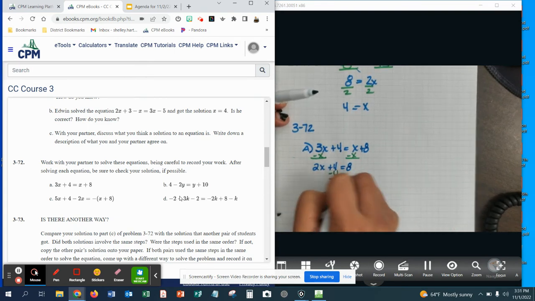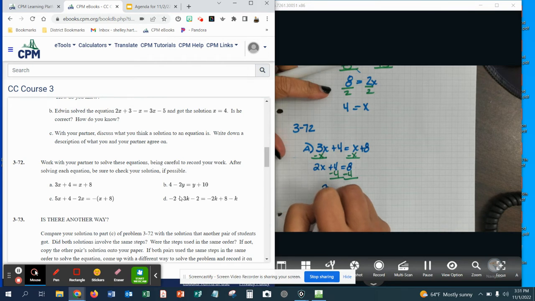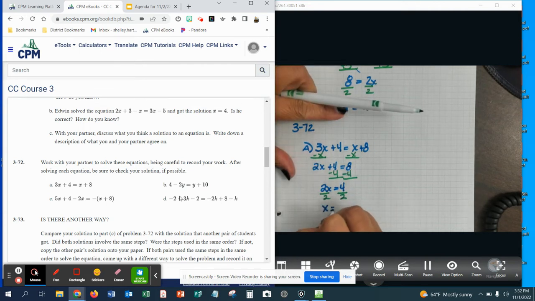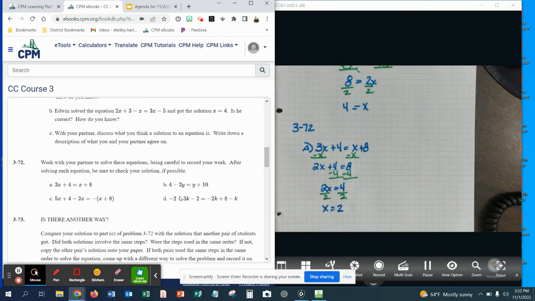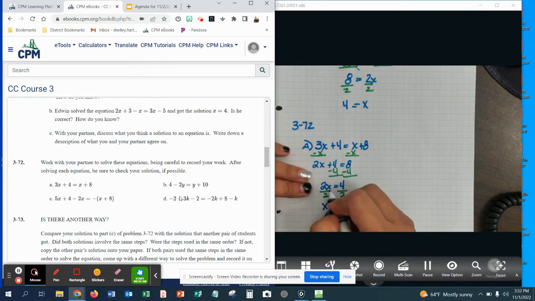Subtract 4, subtract 4. I have 2x equals 4. To get rid of the coefficient, divide by 2. x equals 2. So this has one solution. We need to start talking about that. Do we need to check our solution? Sure, we could. We can go 2 times 2 equals 4, and it does. This side equals this side.